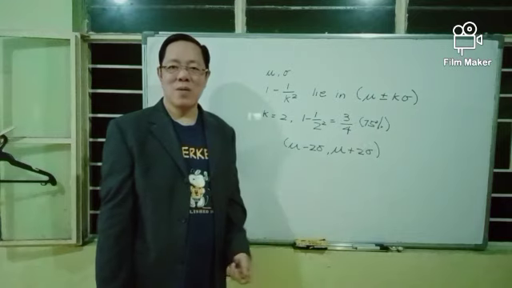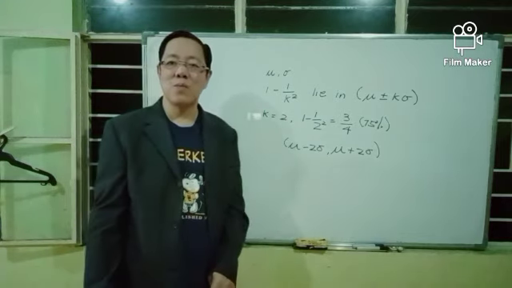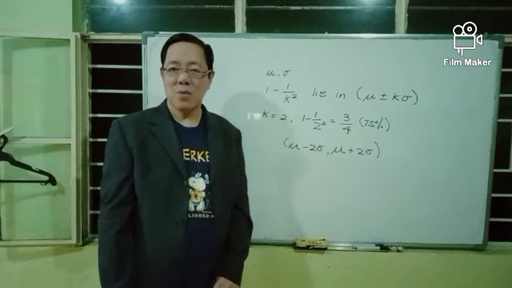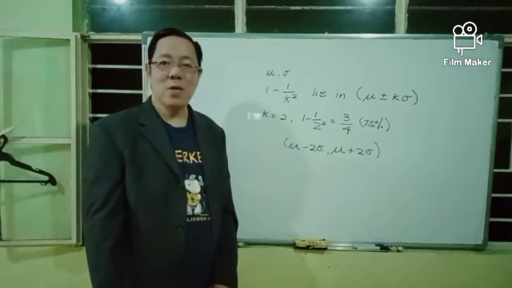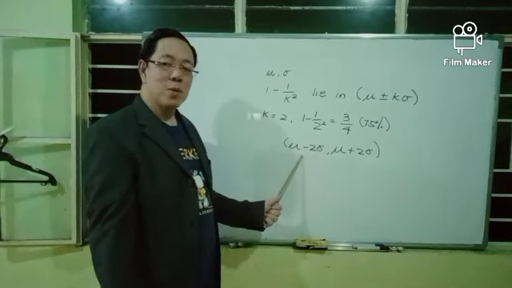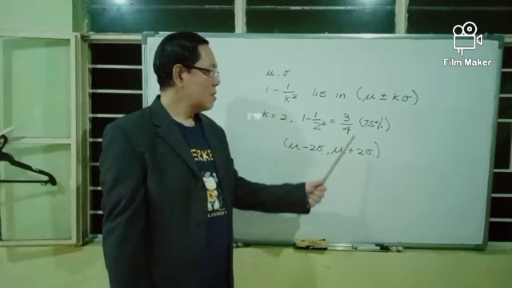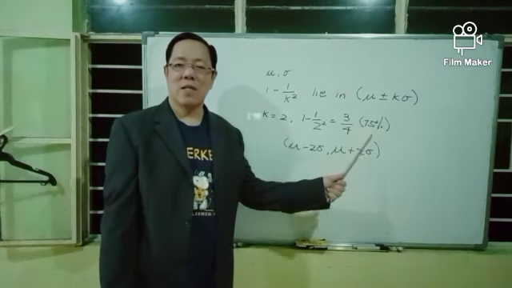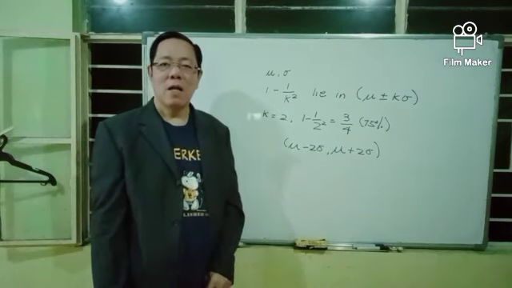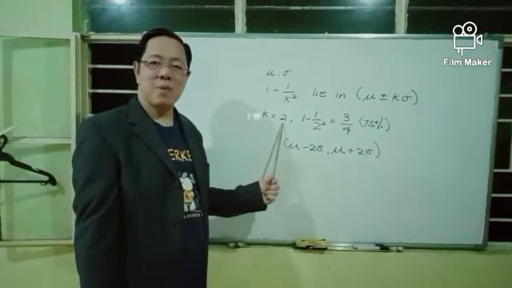By Chebyshev's theorem, this means that at least 75% of the set of distributions of measurements or values of the discrete random variable x lie between mu minus 2 sigma and mu plus 2 sigma. That is, at least 75% of the set of measurements lie within 2 standard deviations from the mean.